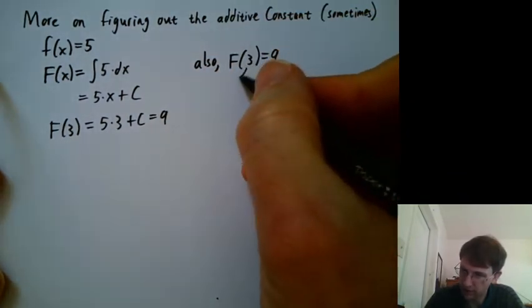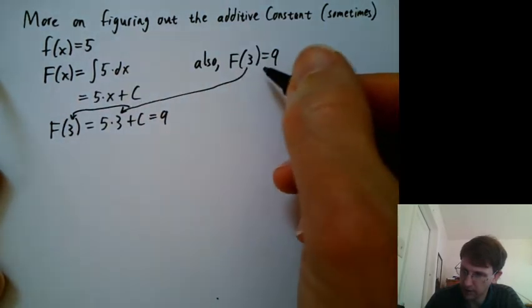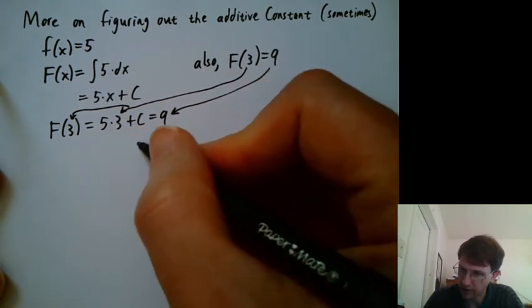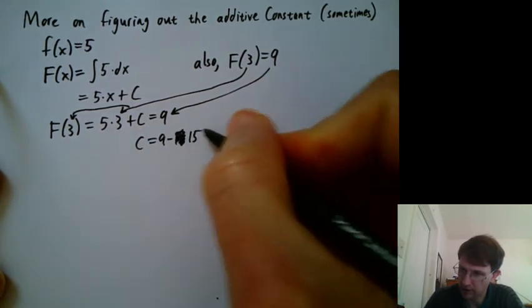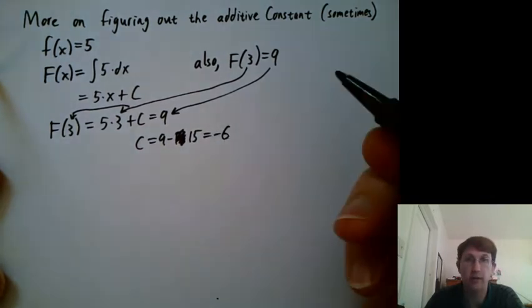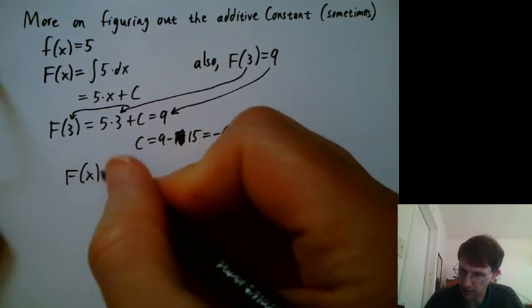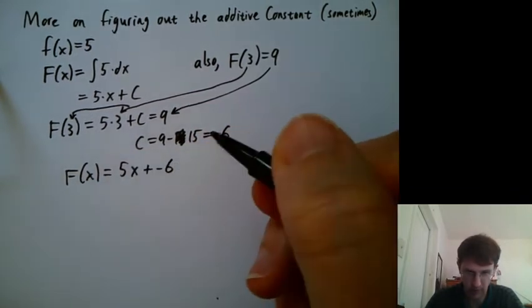So this 3 is going there, and the 9 is going there. So that's what c equals: 9 minus 15, which is negative 6. So then we can say big F of x is 5x plus negative 6.